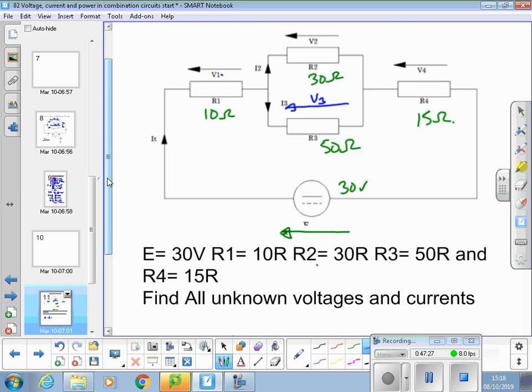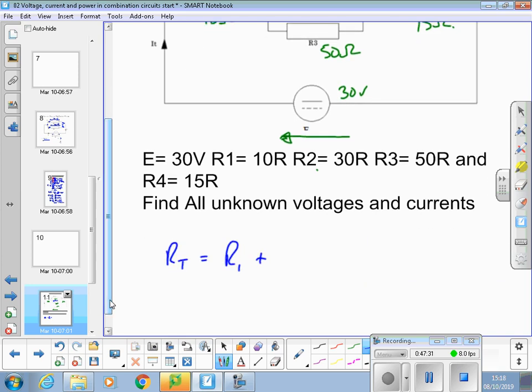That's what you're saying, isn't it, Toby? So it's R2 times R3, product over R2 plus R3, sum. And then add on the value of R4 at the end.